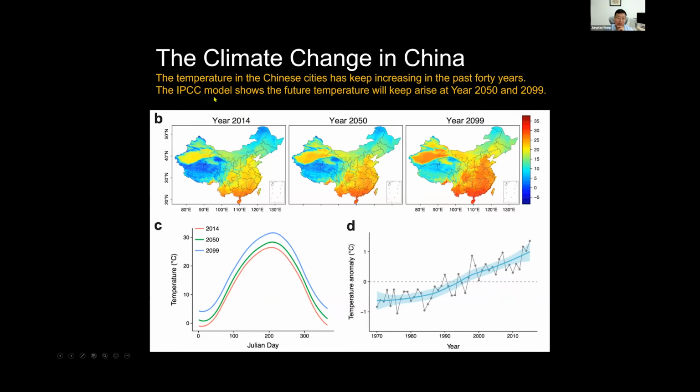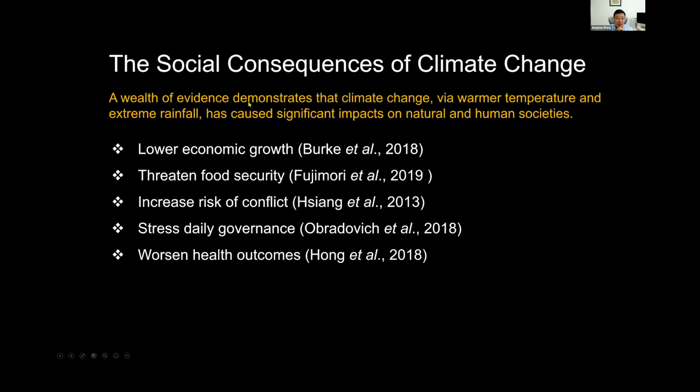With the IPCC models, the future temperature will keep rising in the middle and at the end of the century. There is also a wealth of evidence demonstrating that climate change, especially warming temperature and extreme rainfall, has caused significant impact on natural and human societies, like lowering economic growth, threatening food security, increasing risk of conflict, and some other outcomes, for example, health outcomes.